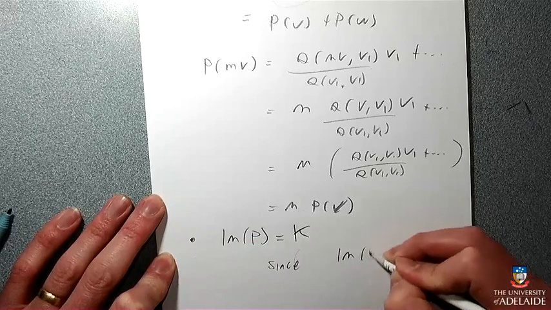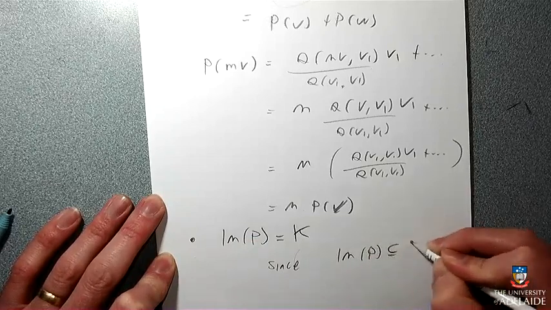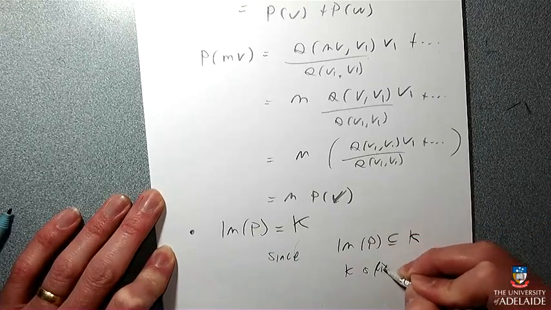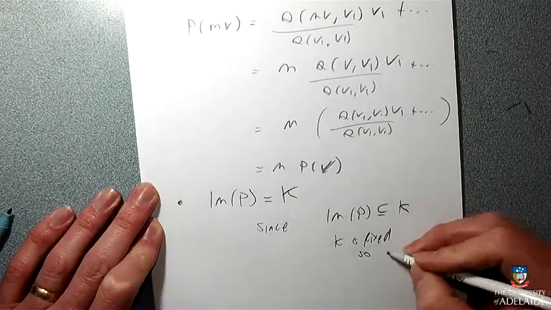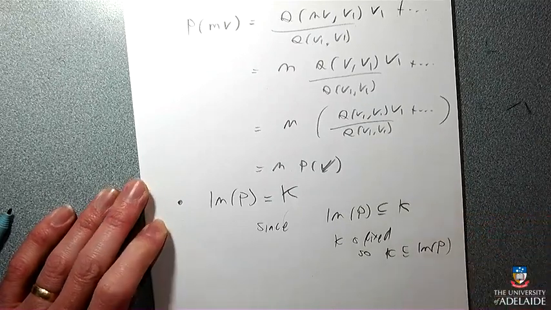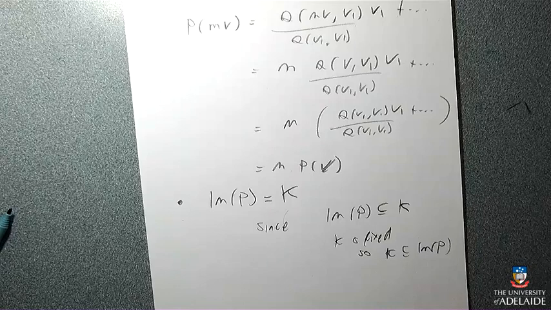Since we know the image of P is contained in K, and we also know K is fixed, so K is contained in the image of P, because everything in K is the image of something, it's the image of itself.